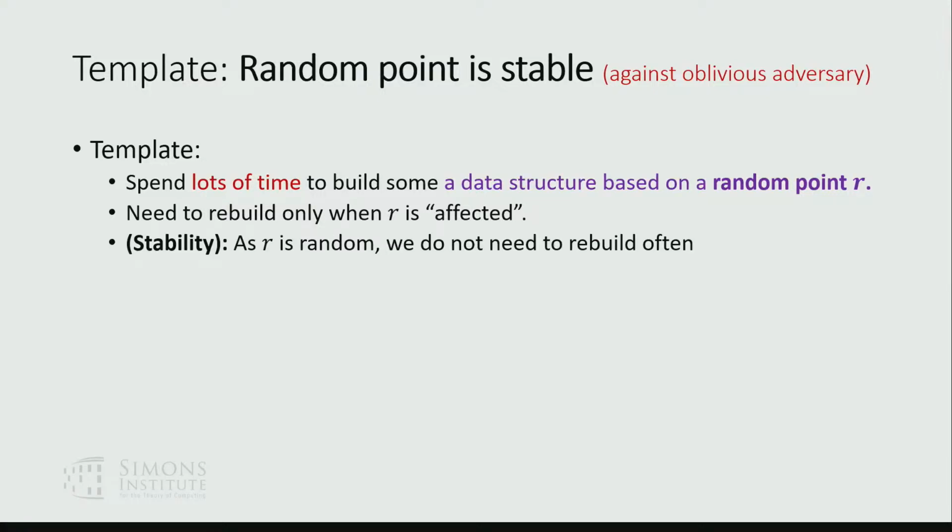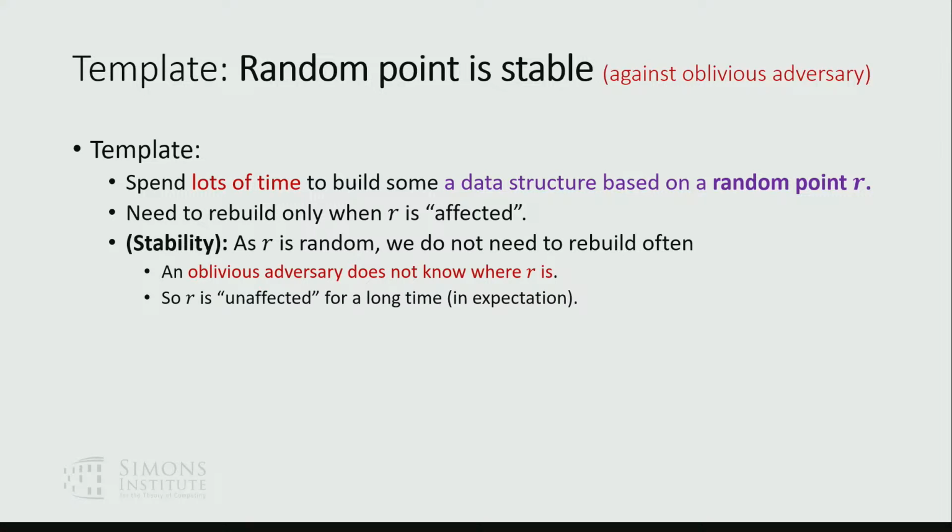But this random point is stable against an Oblivious Adversary. Because R is random, we don't need to rebuild often. Intuitively, R is some random place, but the Oblivious Adversary doesn't know where R is. So it might affect your data structure here and there, but it takes a long time before it really affects R. So R is unaffected for a long time in expectation.